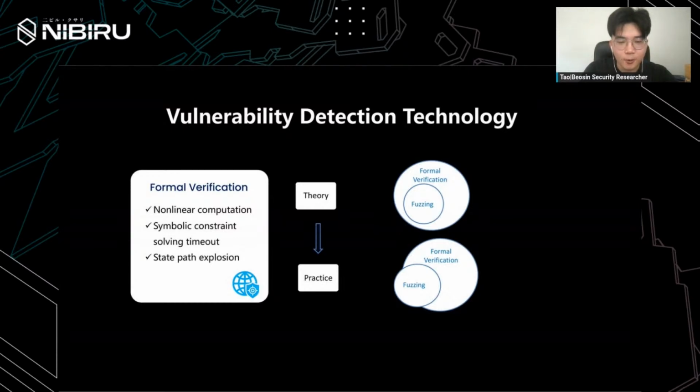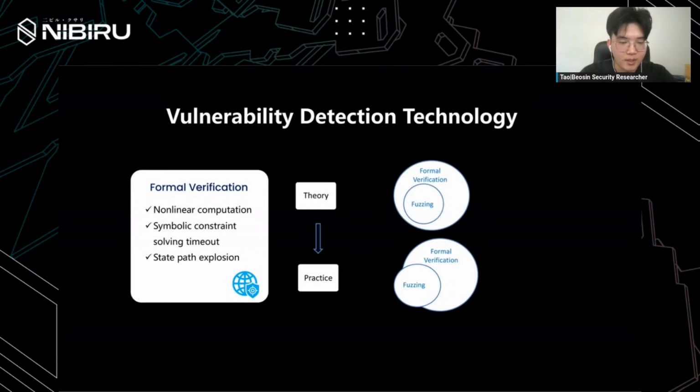So here's the relationship between fuzzing and formal verification. First, here are the constraints of formal verification. As we just mentioned, we need to analyze the code or the business logic and write the formal specification. For many programs the computation is nonlinear, and it's hard to write the correct formal specification.